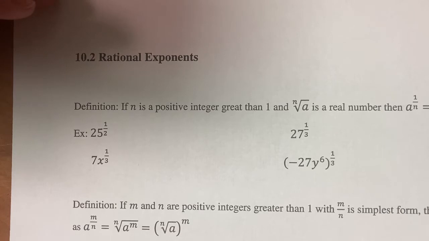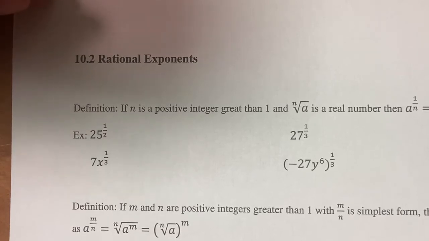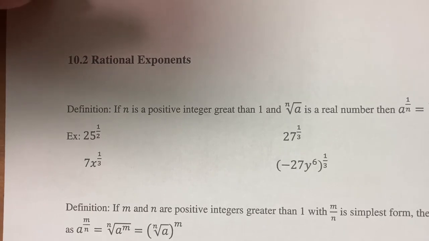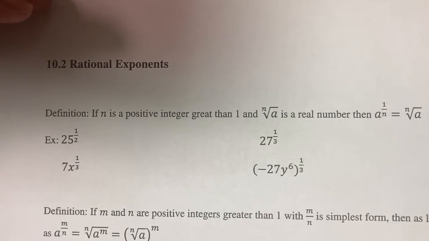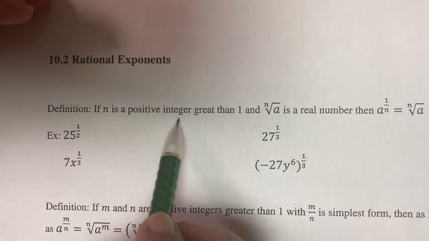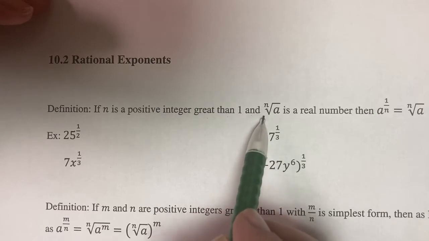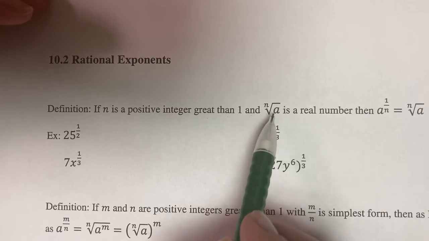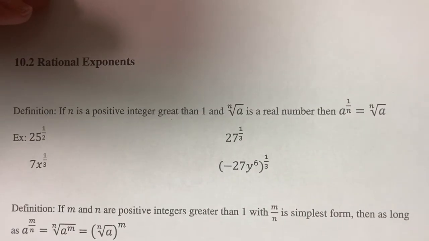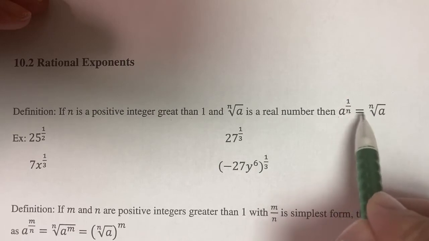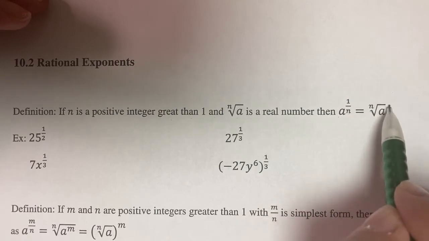So when we talk about a rational exponent, rational numbers are numbers that can be written as fractions. So really what we're talking about is exponents that are fractions. Okay? Now, if you look at the definition, if n is a positive integer greater than 1, so that's our index, so it's going to be 2 or 3 or 4, and the nth root of a is a real number, so in other words, there's not a negative underneath, then a to the 1 over n is the same thing as the nth root of a.